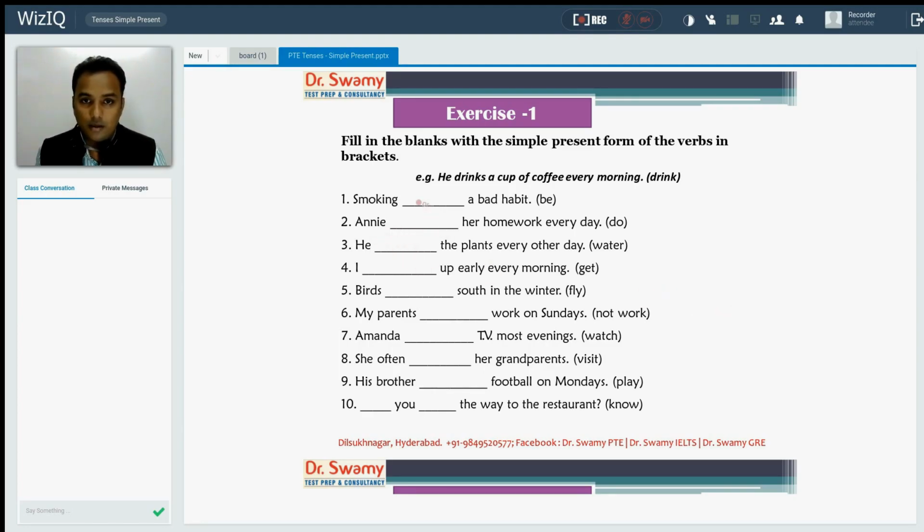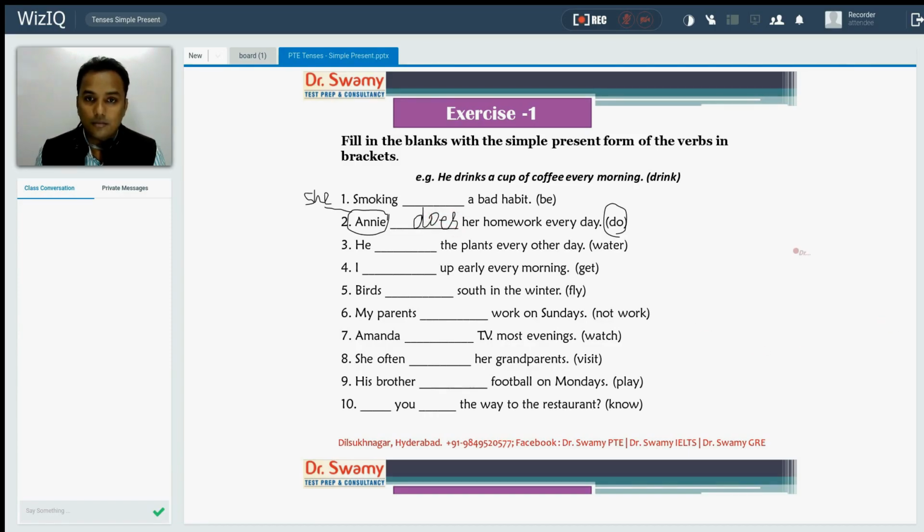And the next, a woman. Because it's a woman, we use she here. The pronoun becomes she, so you need to add s or es to the verb in simple present tense. So the answer becomes does.